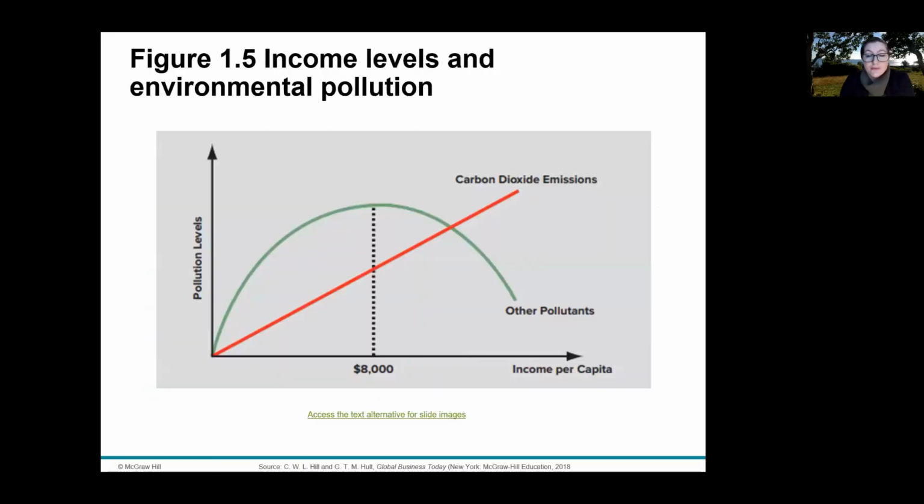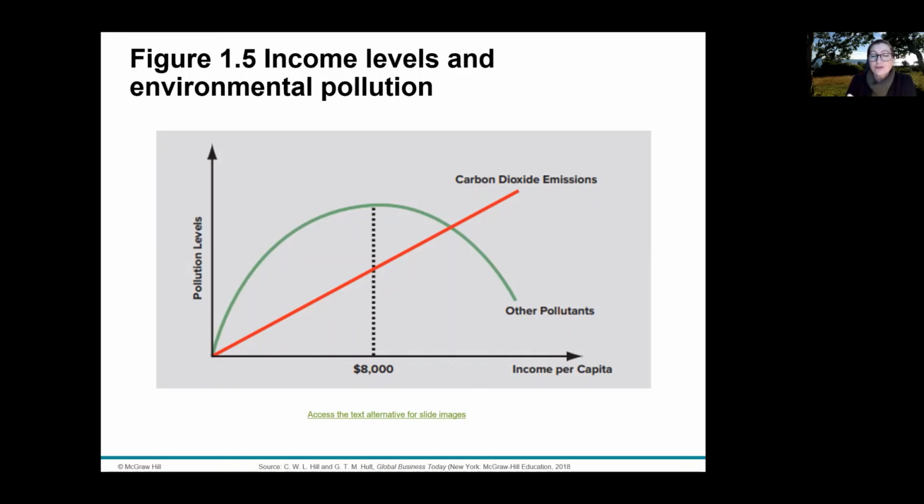So what this graph is showing us here is that as income increases per head, per person, per capita in the population, the pollution level for most pollutants, which is the green curve that you see there, does increase, but then it falls as income passes above and beyond the $8,000 per capita, apart from carbon dioxide emissions, right?